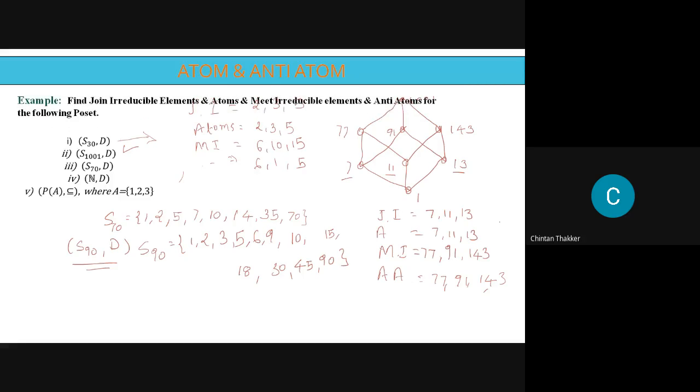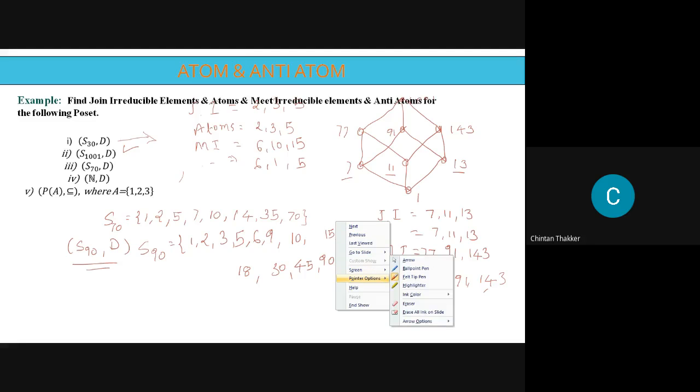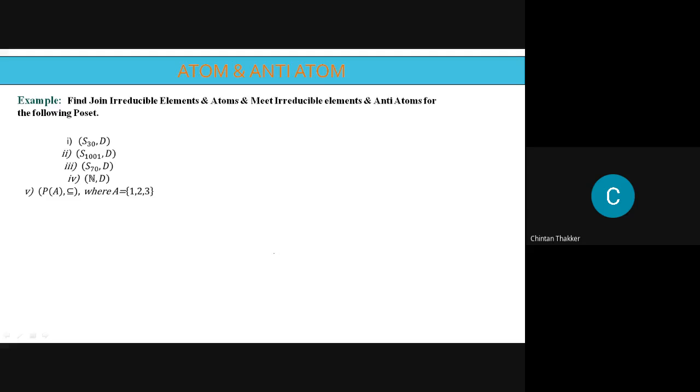Now the next, fourth example, N with GCD and LCM. In this there is no I element, because we already talked about this in our last chapter: N with GCD and LCM is not a bounded lattice.